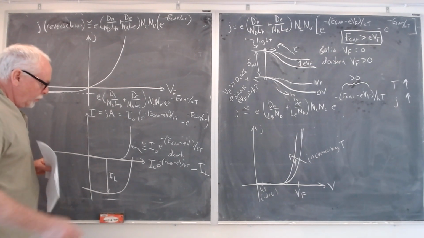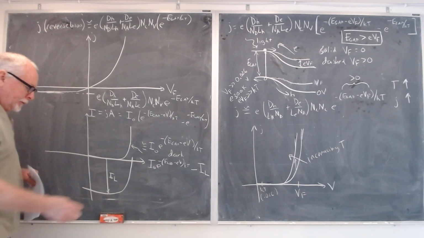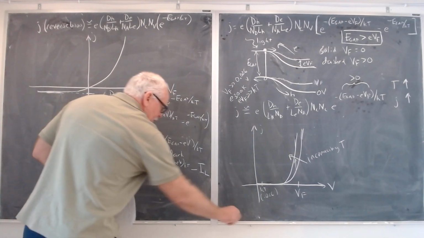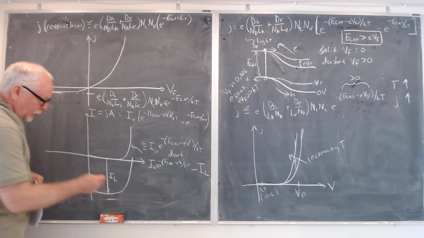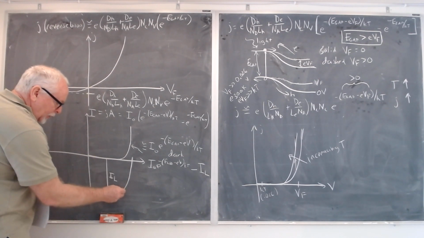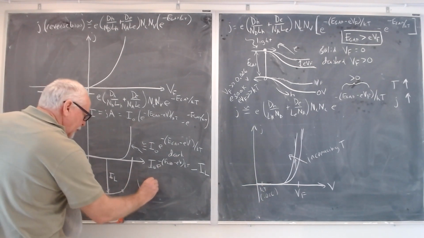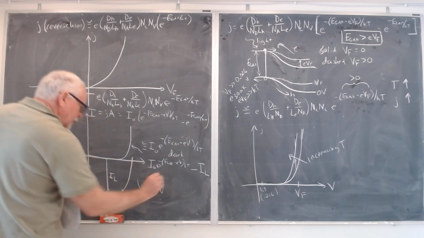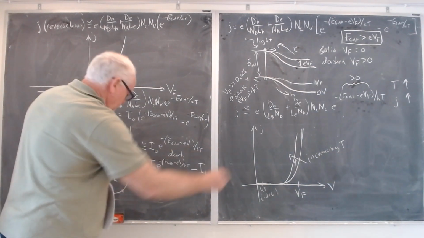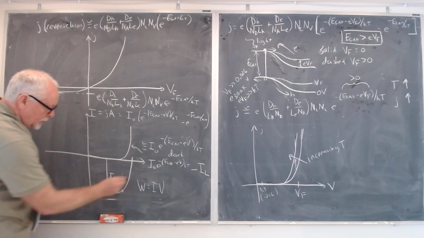But what I want you to remember, for those of you that have had some discussion of solar cells before, is that the maximum power is here, because power is current times voltage. With increasing temperature, the same thing is going to happen.